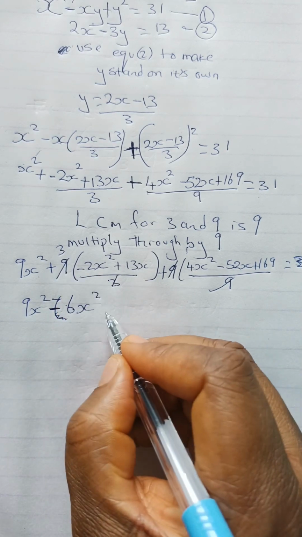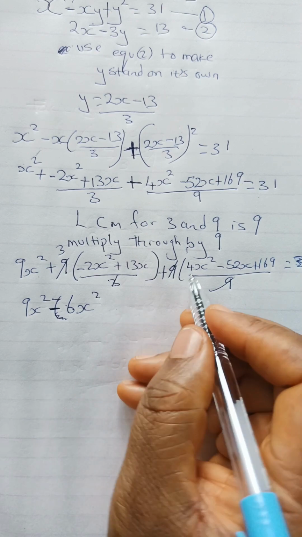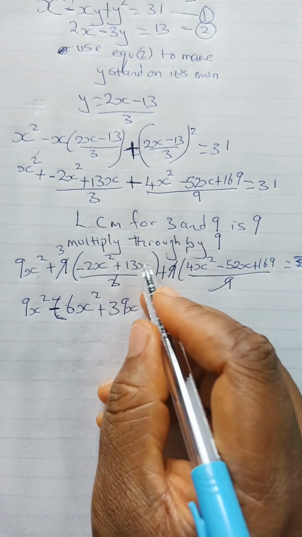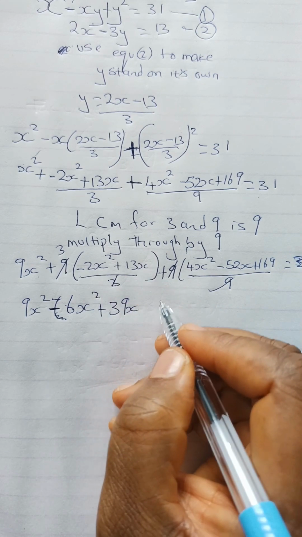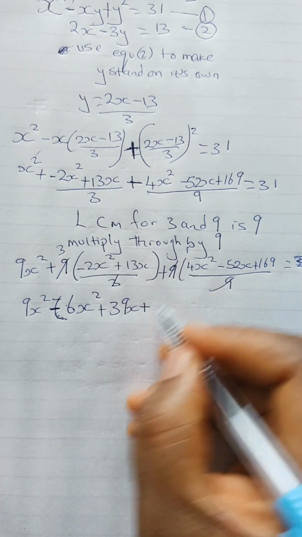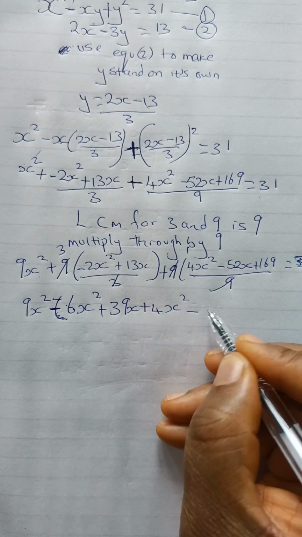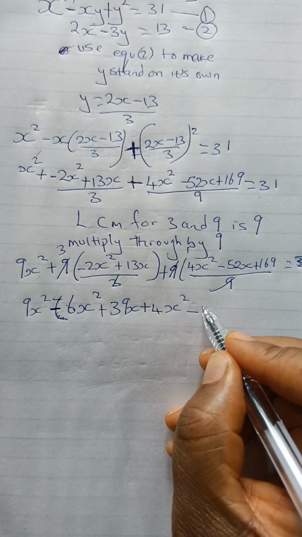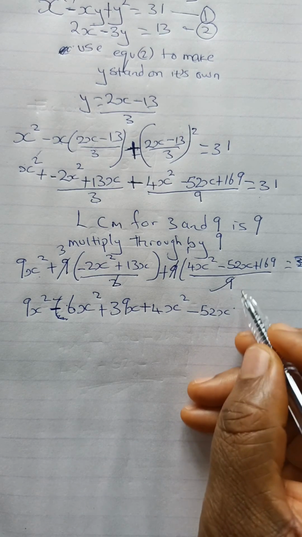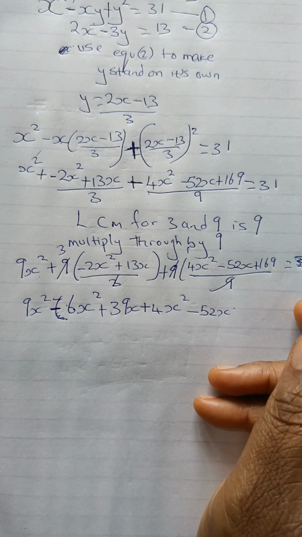This times this becomes plus 39. That should be 39, 3 times 13, 39x. Then plus, we'll bring this 4x squared minus 52x plus, don't forget that 9 will also times this. 9 will be timesing this too.